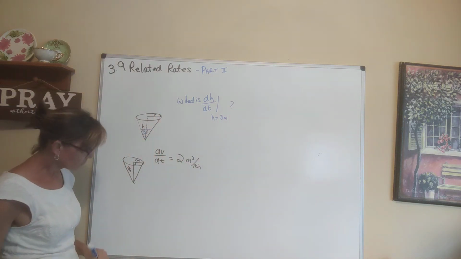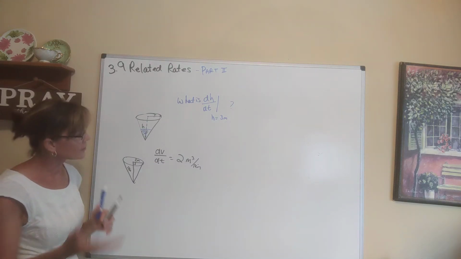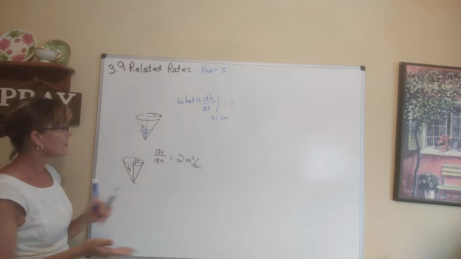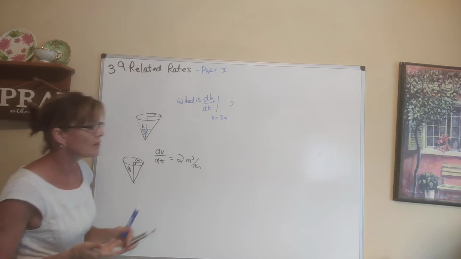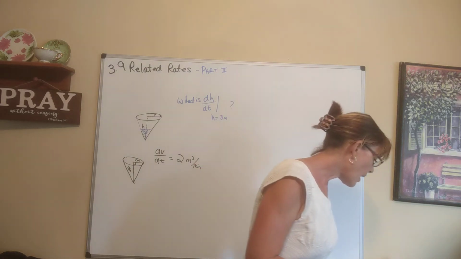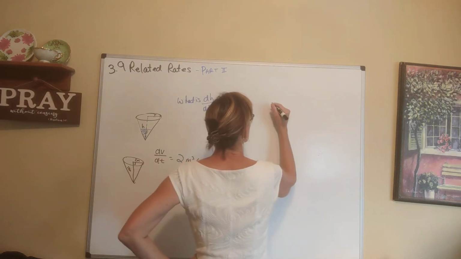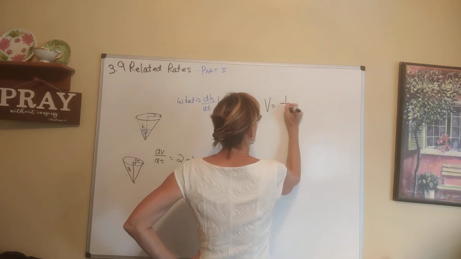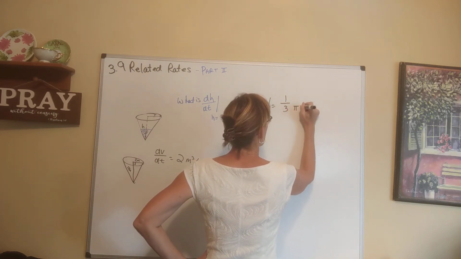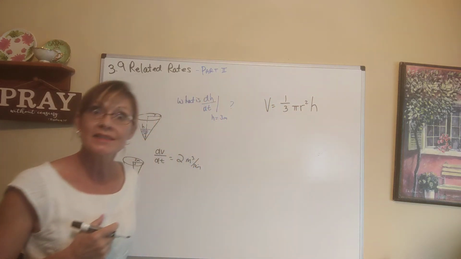Now, the formula that's going to relate H, R, and V together is going to be the volume of a circular cone. So I looked this up and I got that the volume is equal to 1/3 pi R squared H. So it's close to the formula of a sphere, but it's different.